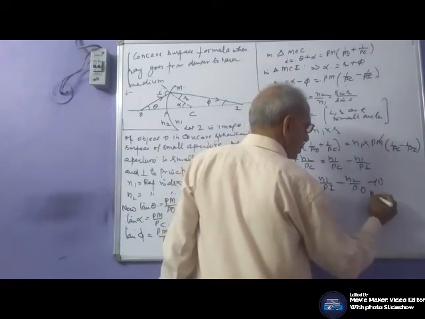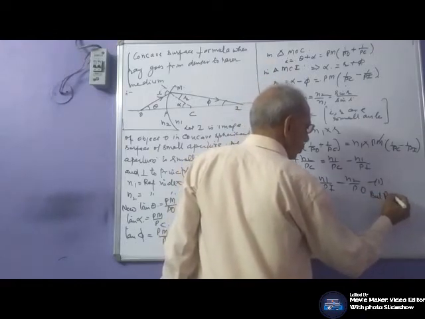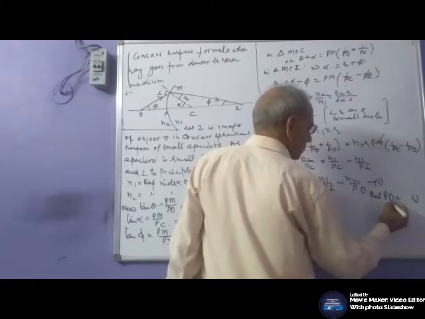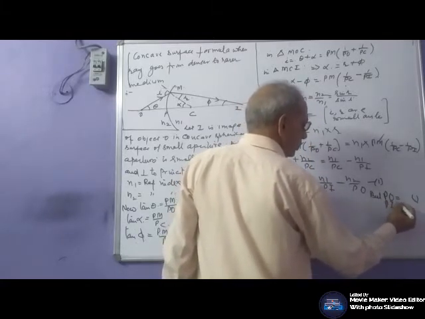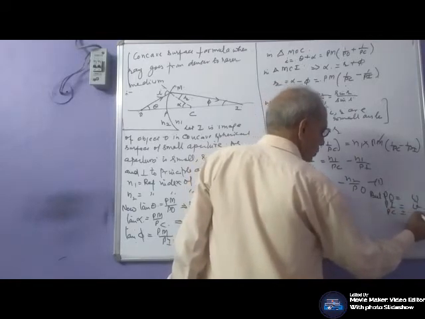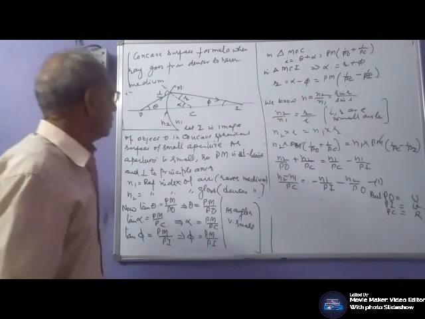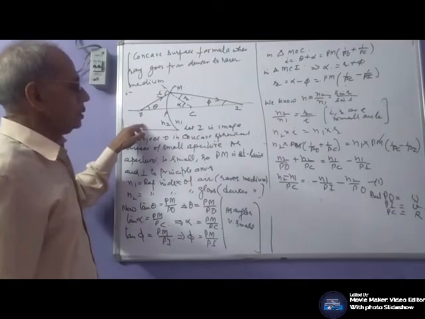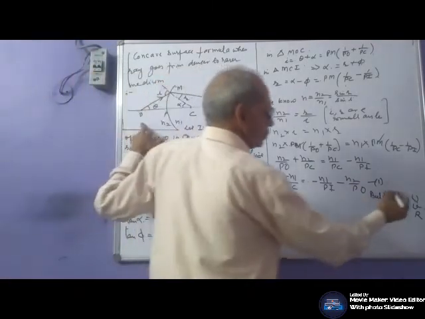But PO is the object distance, Pi is the image distance, and PC is the distance of the center of curvature. Only U is negative.